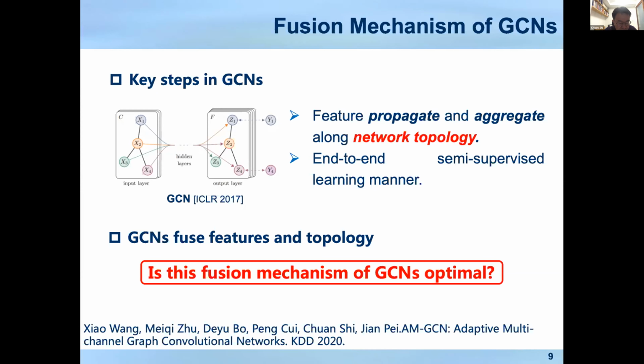The greatest success of GNN is the good mechanism to fuse the features and topology. However, is this fusion mechanism optimal for every kind of graph?